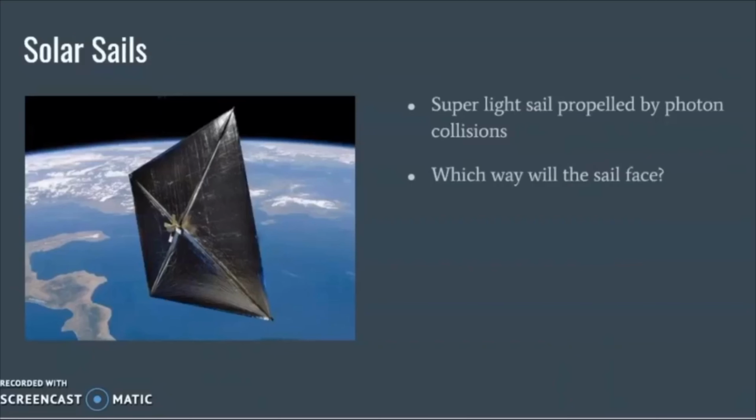They point in the direction that they want to be carried, and then the photons hit them and propel them forward. You can think of these photons coming in and hitting this thing that's carrying a payload, and it's a really efficient way to travel through space. You don't need a ton of fuel. You're just relying on energy that is already all around, at least in this solar system.